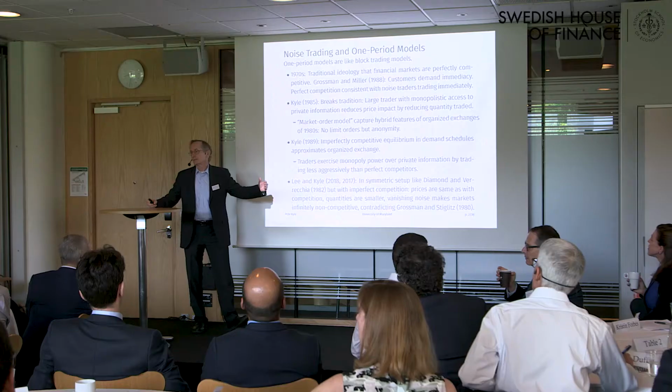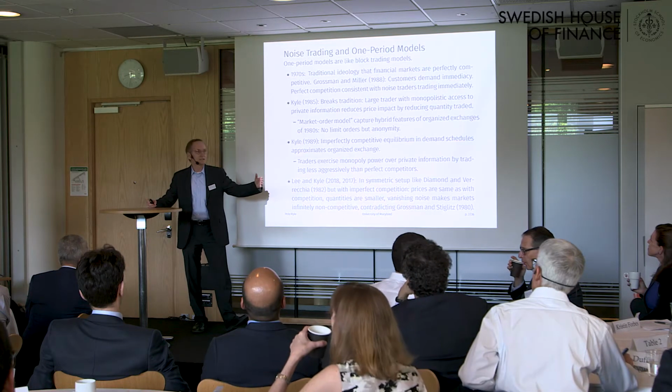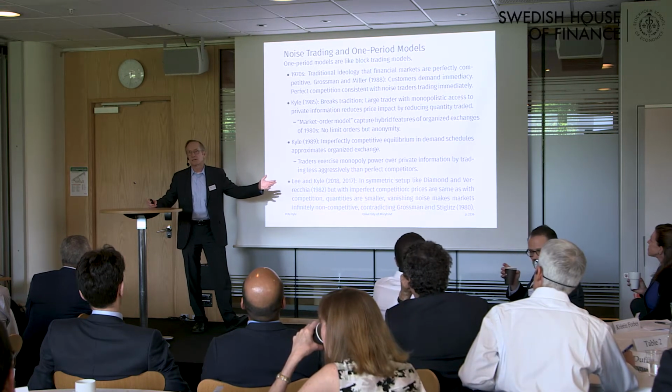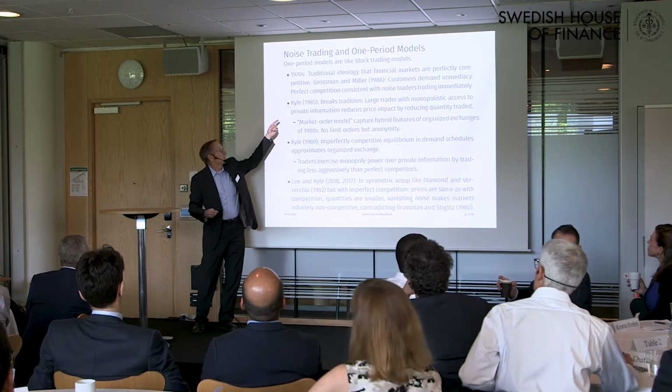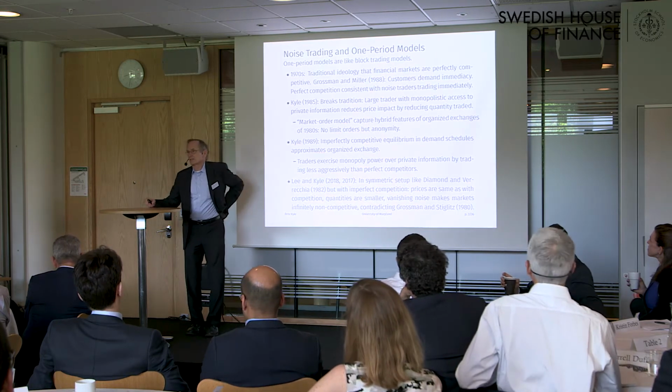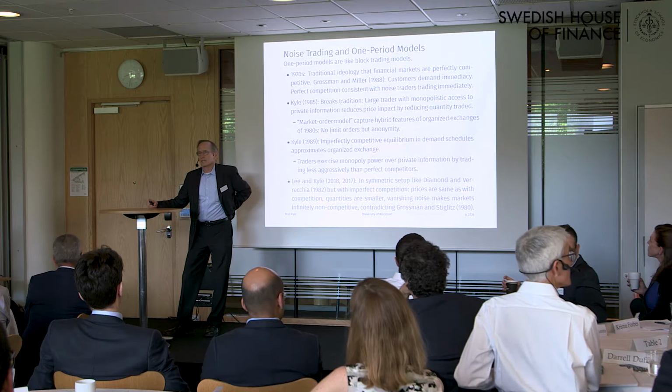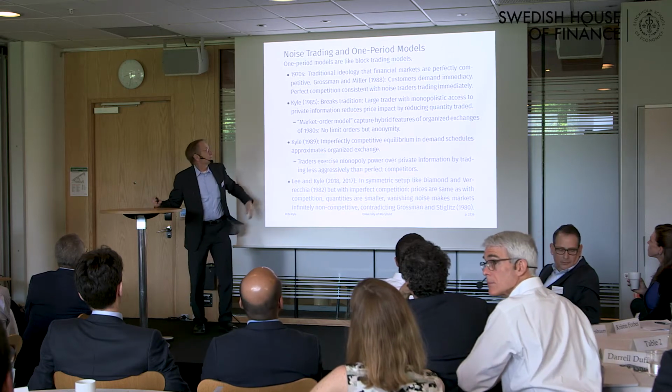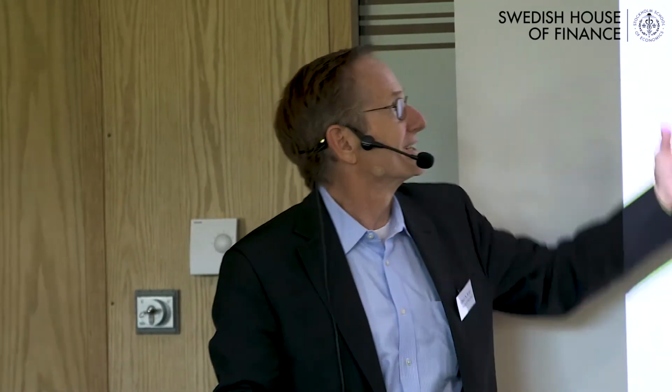So let's think about noise trading in one-period models. There's a long tradition of thinking about noise trading and a long tradition of thinking about one-period models. One paper that I like to use, in some ways a kind of straw man, is Grossman and Miller's 1988 paper, where you have competitive traders demanding liquidity as noise traders by dumping a quantity in the market, and then competitive market makers supplying liquidity by taking the other side of these quantities.